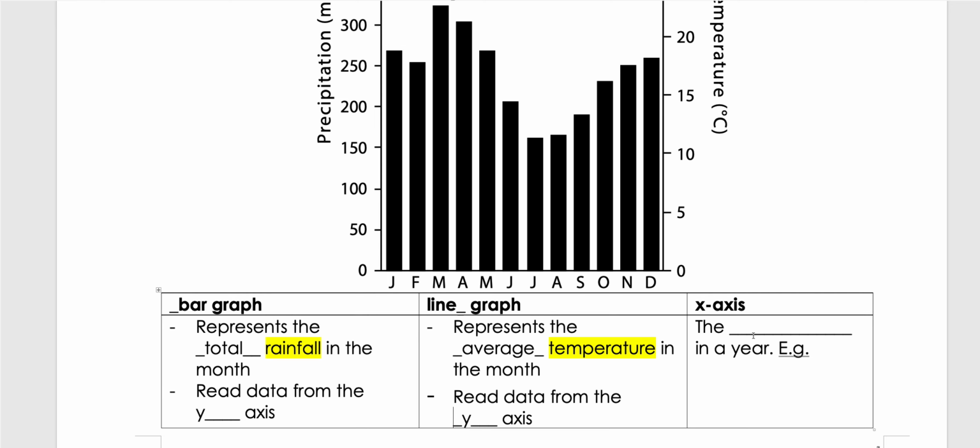Lastly, the x-axis refers to the months in a year: January, February, March, and so on. So you roughly know how to read a climate graph and what it represents already.